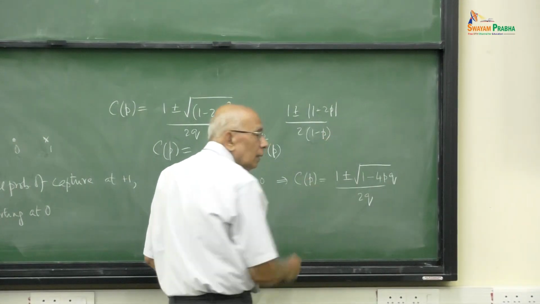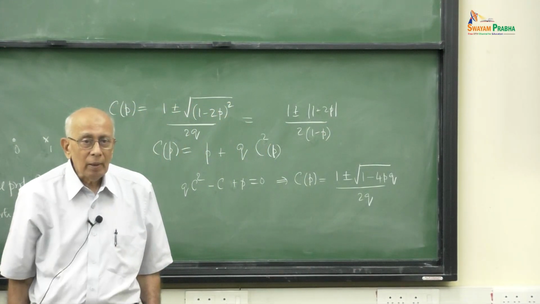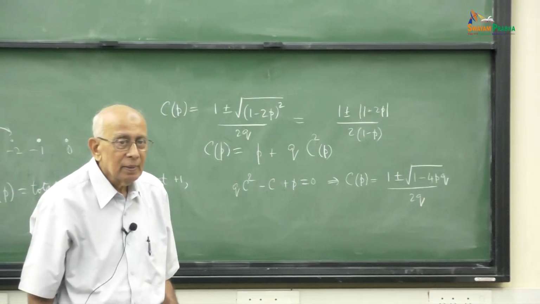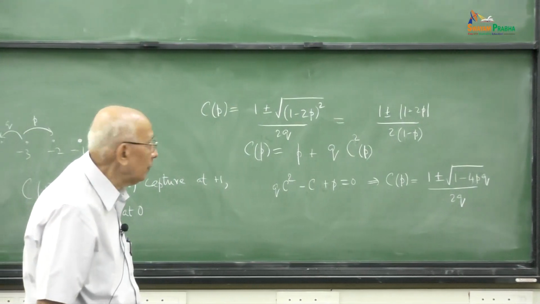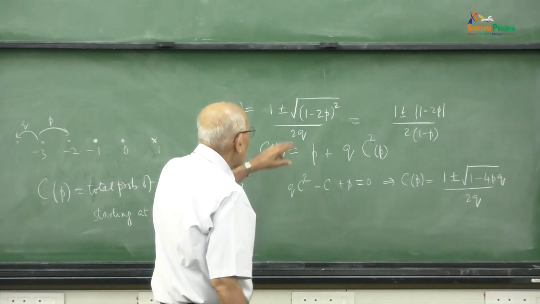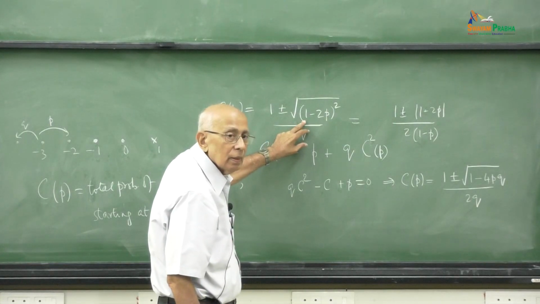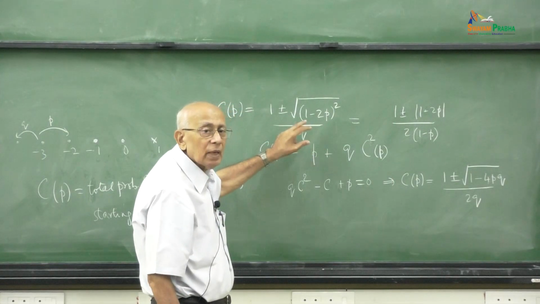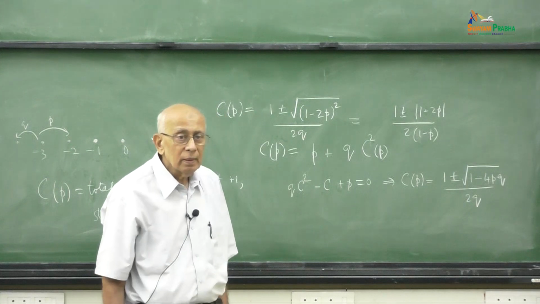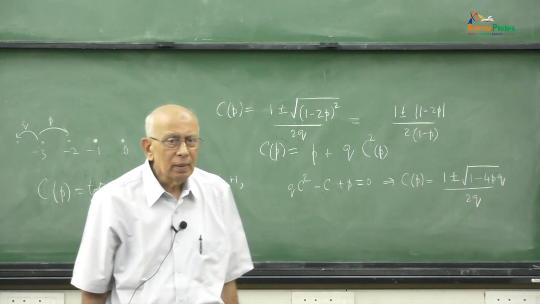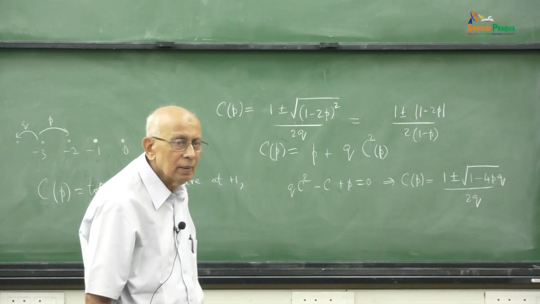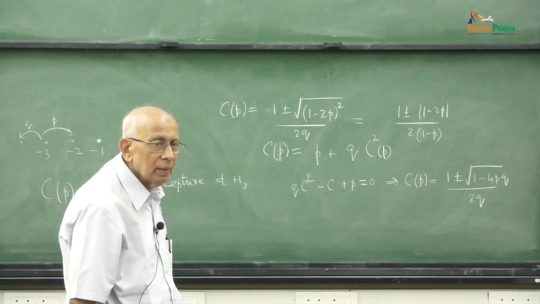Pardon me? The square root of this square, suppose I had log of this guy, what would you write? Because Q is 1 minus P, we'll get 4P squared minus 4P plus 1.